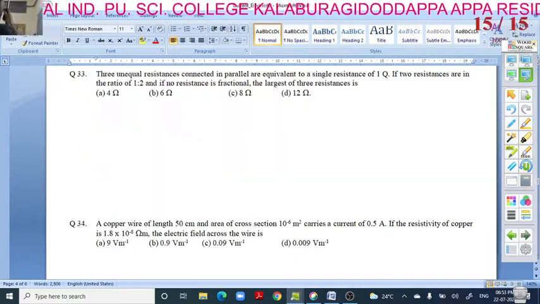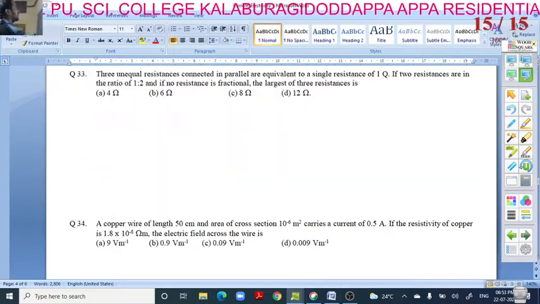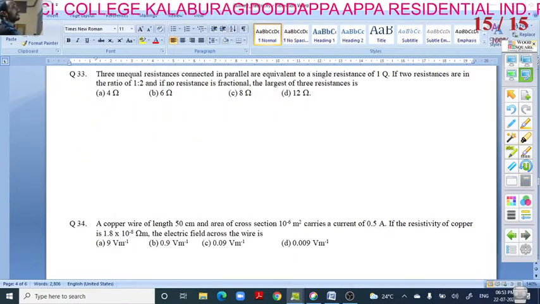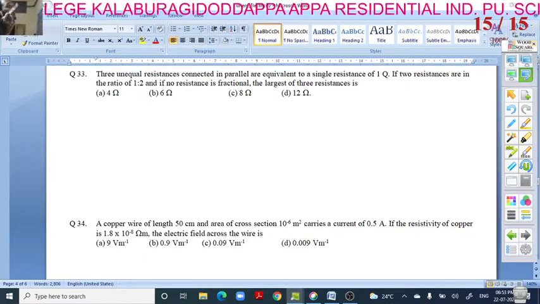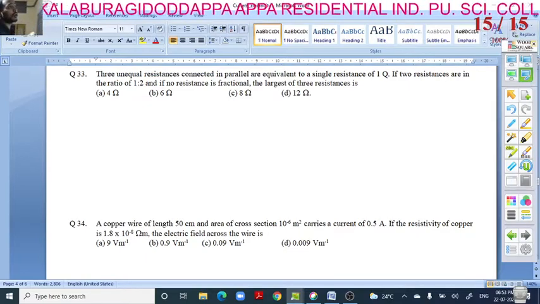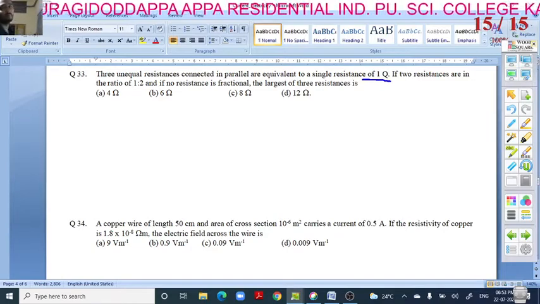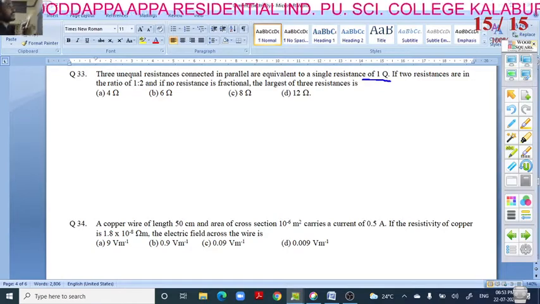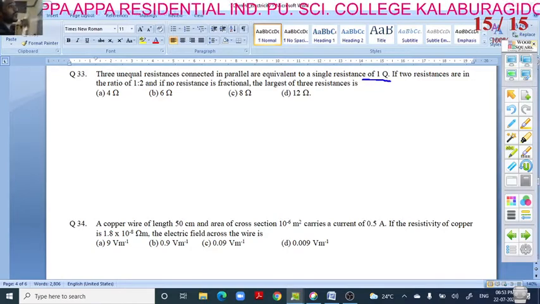Okay, see here. Three unequal resistances connected in parallel are equivalent to a single resistance of 1 ohm.